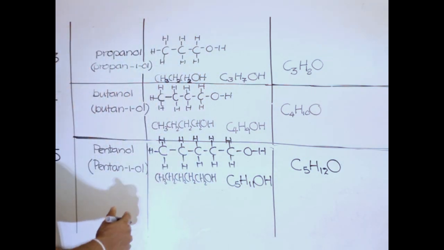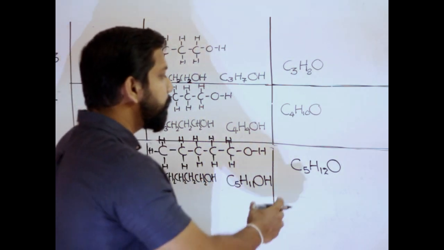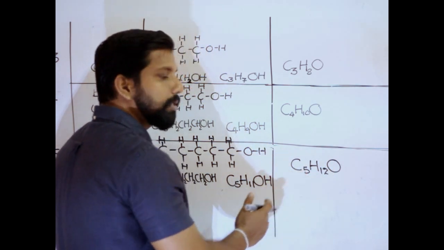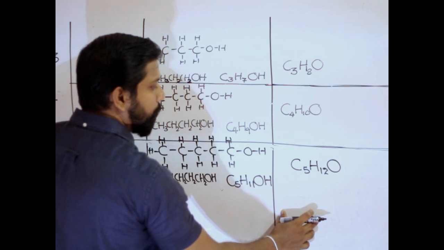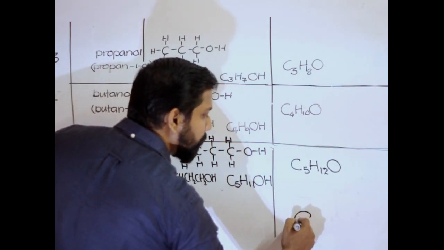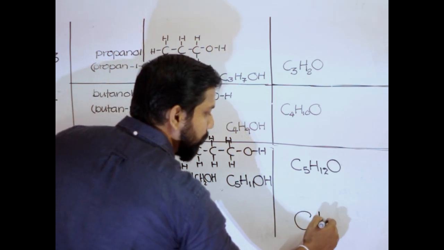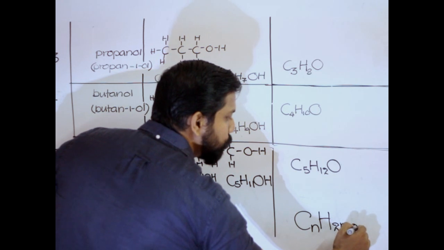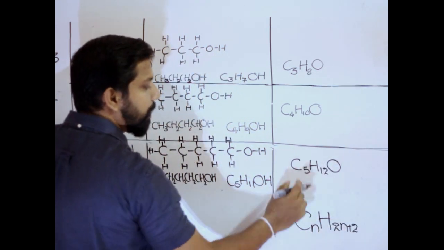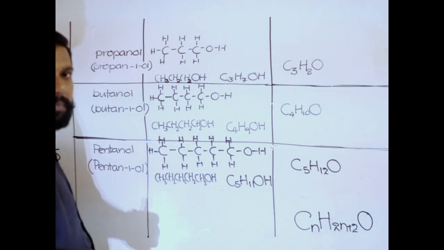And we can see the general formula of alcohol derived in 2 different ways. If I go through this column, we can clearly see when you have n number of carbon atoms, you will have 2n plus 2 number of hydrogen atoms, including the one in OH.